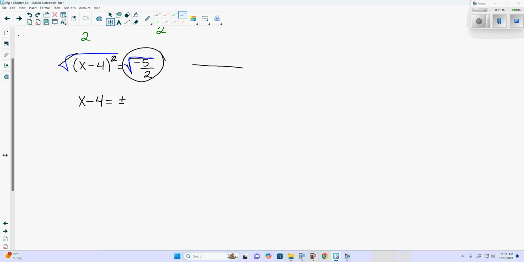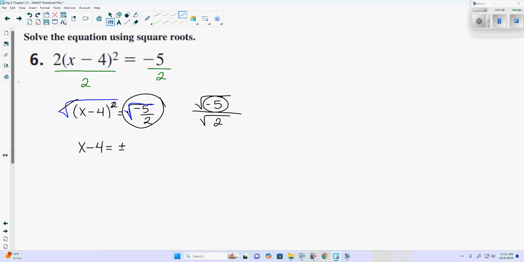Now let's look at it. And we're going to be coming back to it, and it's mainly because of this part here. This square root of negative 5. So this here, there are no real solutions. Because we're looking for a number times itself.